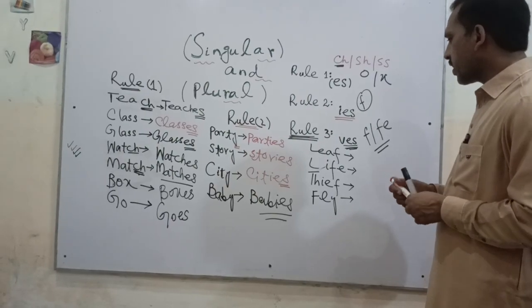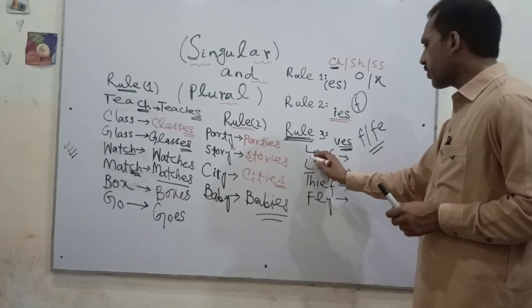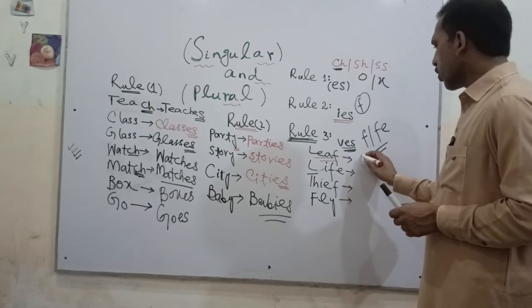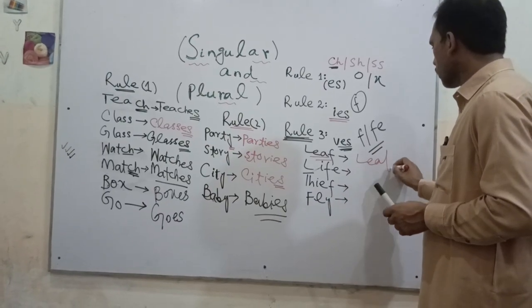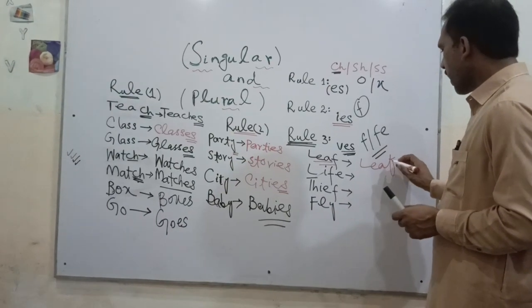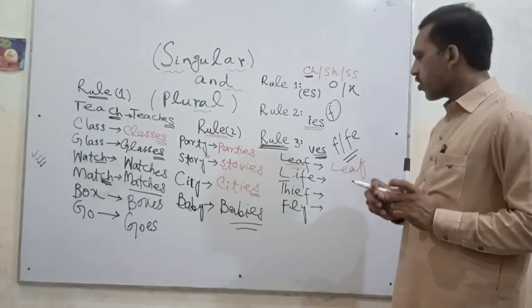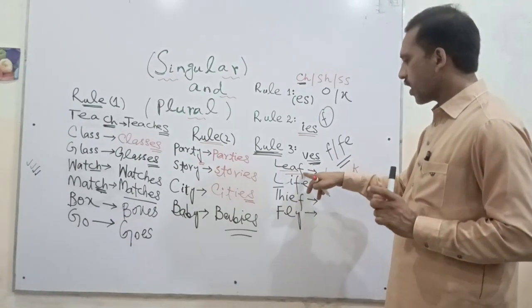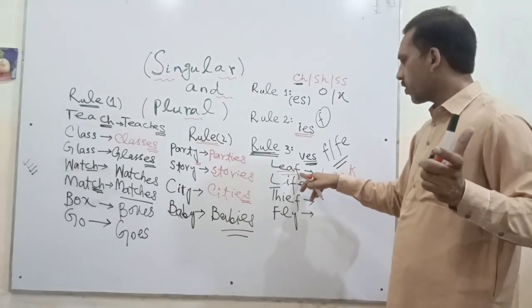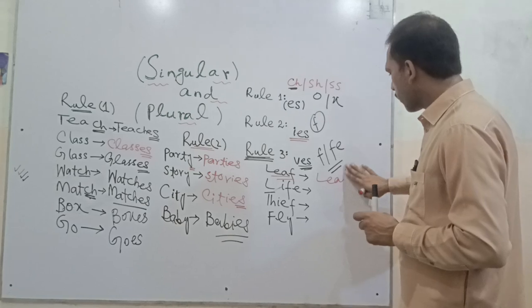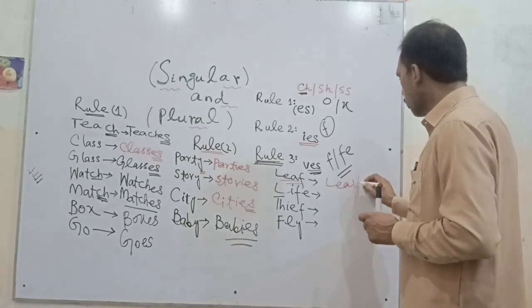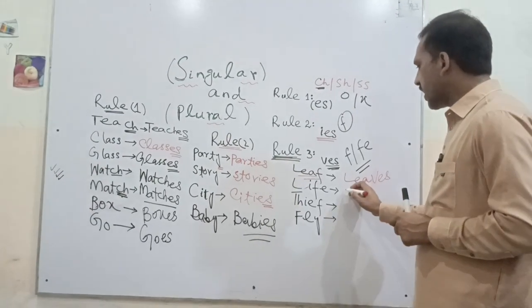Let's see some examples. For example, leaf is a singular, so we remove f at the end, and we add ves to make the plural form, leaves.